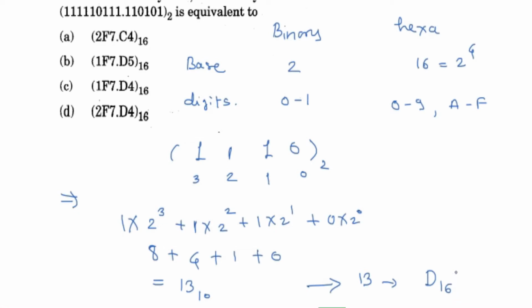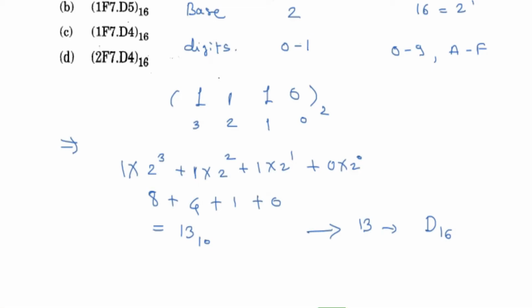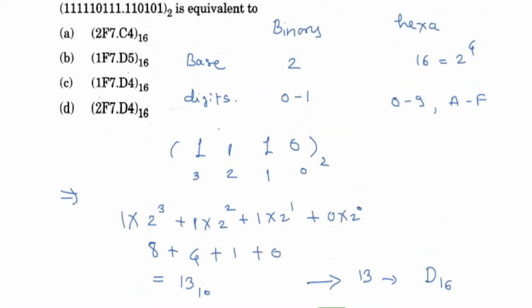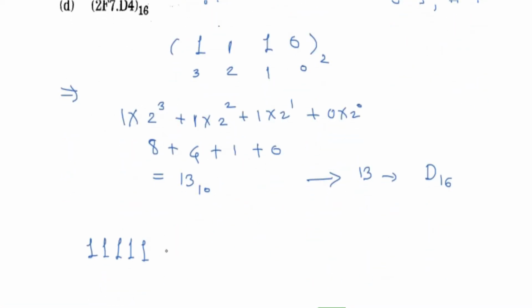So this is the basic understanding about the decimal and hexadecimal parts. Now they have given this number and we need to convert it into hexadecimal, and as we know 4 binary digits will give us one hexadecimal digit, so we'll be using that. The given number is 1 1 1 1 1, then there is 0 and three 1s, again 0 1 1 1, then a dot.